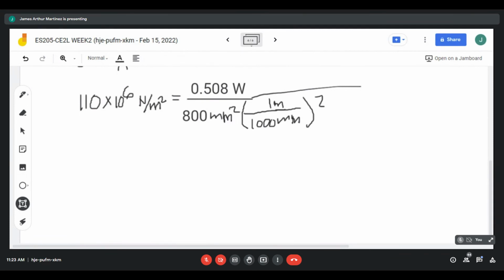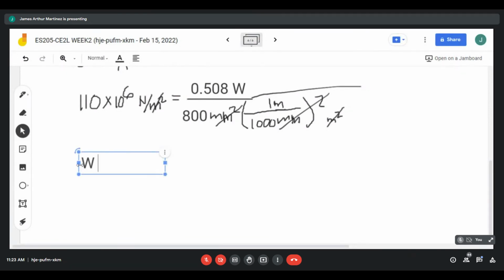Therefore, you will have the value of your W. So the meter squared will cancel out, and what remains is the unit of newton.